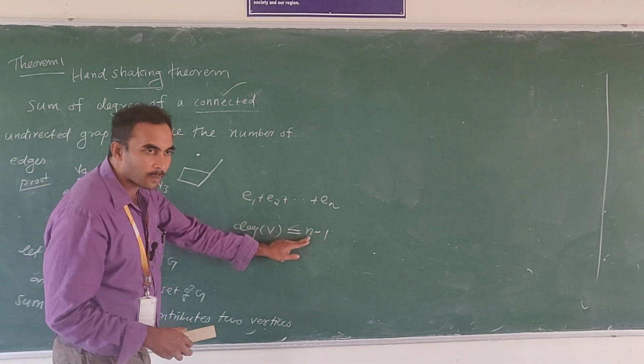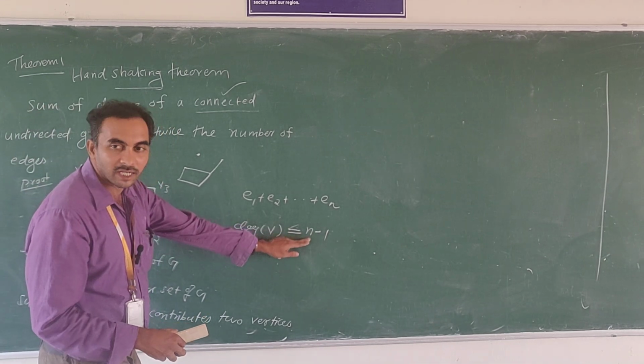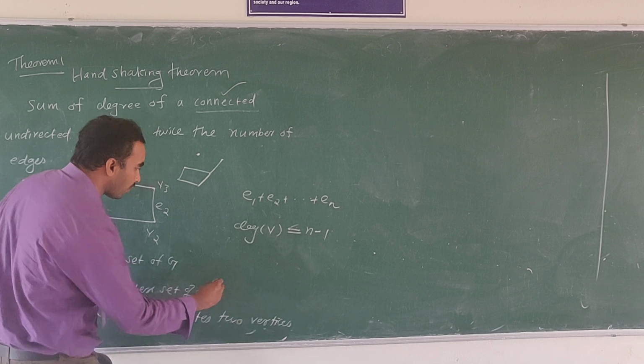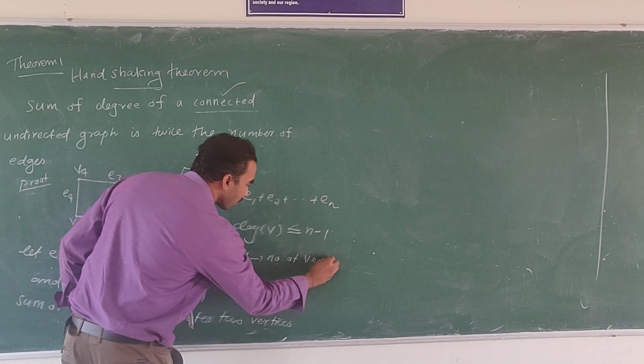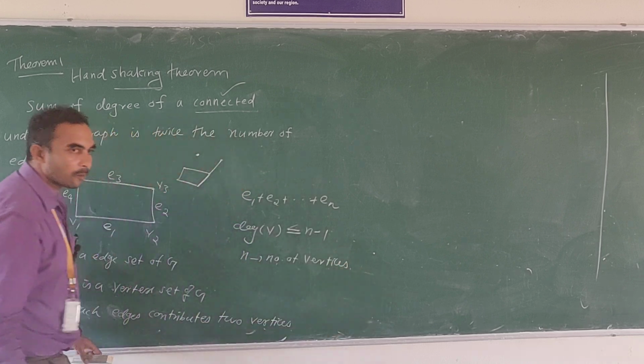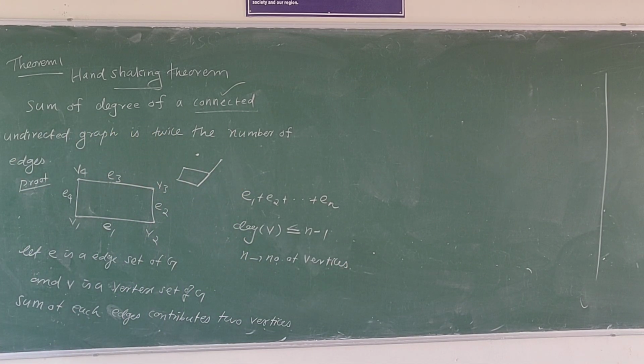Here n represents the number of vertices.